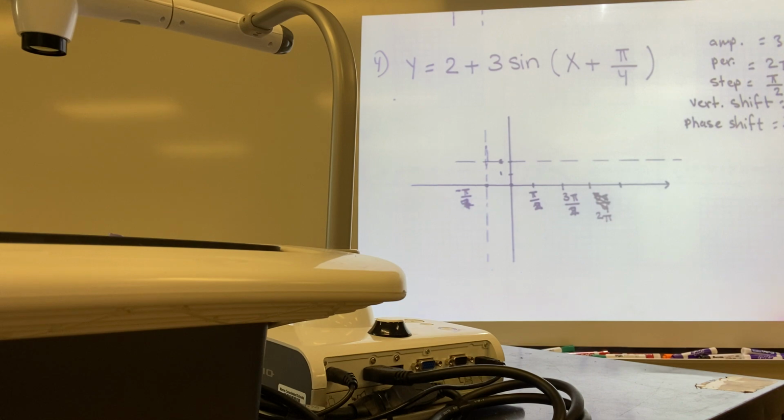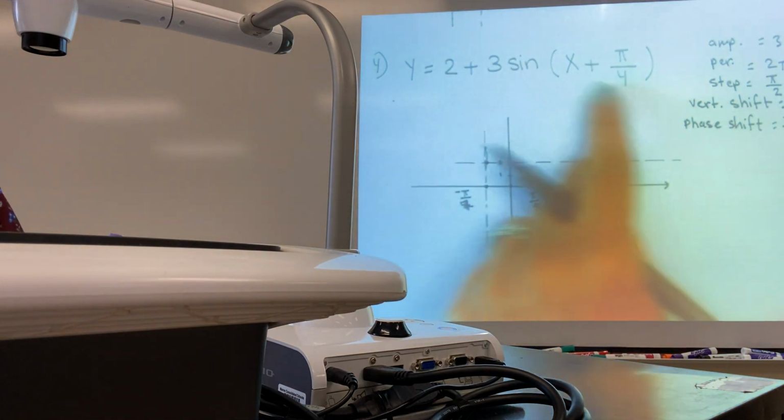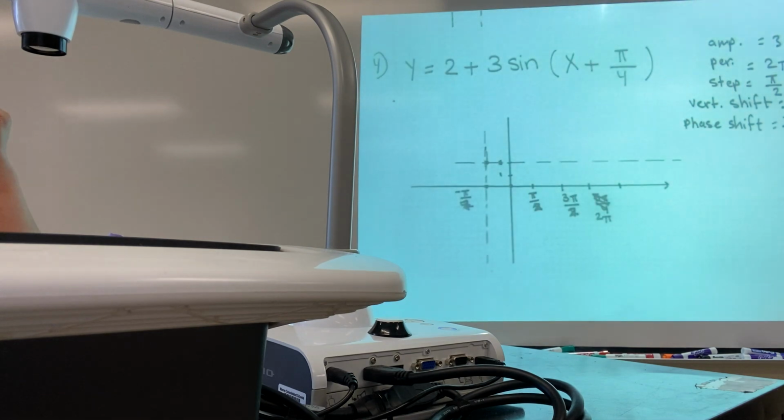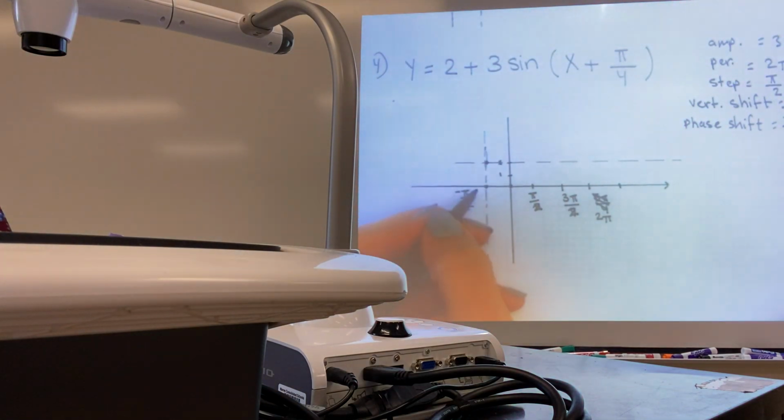Okay, and we'll graph. So we'll take all the values of x, plug them here each time, find the sine, multiply it by 3, add it to 2. We should get these values.